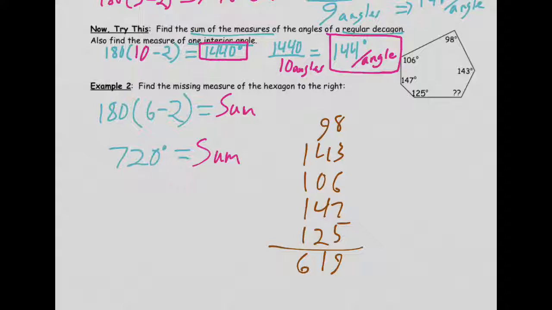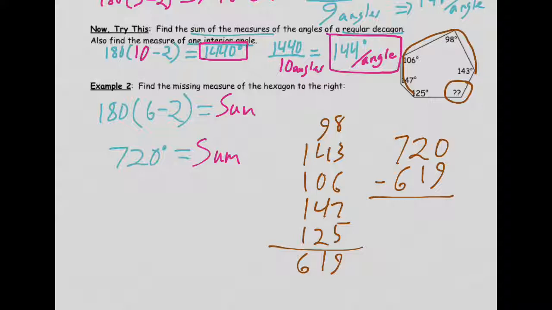So I know that the sum should be 720, and that the total of all of my angles except for this one is 619. So I just subtract what I know from 720, and I'm left with 101, which is the measure of this last angle.